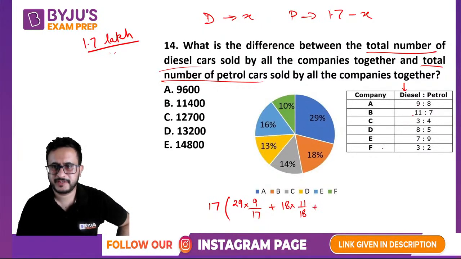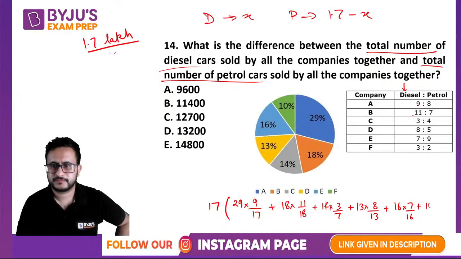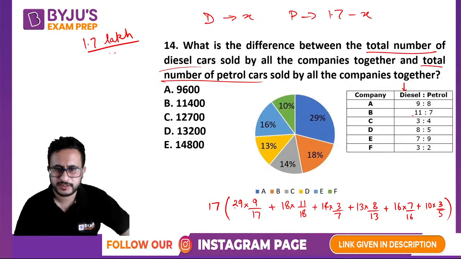Okay, then we have third is 14 का 3 by 7 plus 13 का 8 by 13 plus 16 का 7 by 16 plus this is 10 का 3 by 5. Because I'll do some calculations. Now let us first take these things inside.